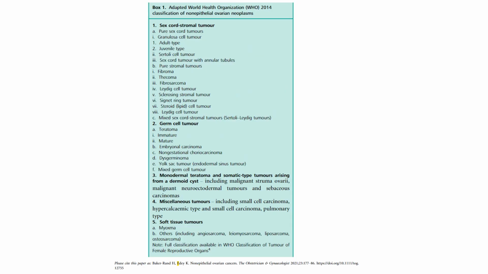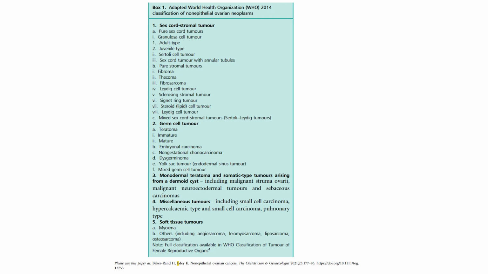So, adapted from the World Health Organization, you've got classification of non-epithelial ovarian neoplasms. So you've got sex cord stromal tumors. They can be divided into the pure sex cord tumors and the pure stromal tumors, and then the mixed sex cord stromal tumors as well.